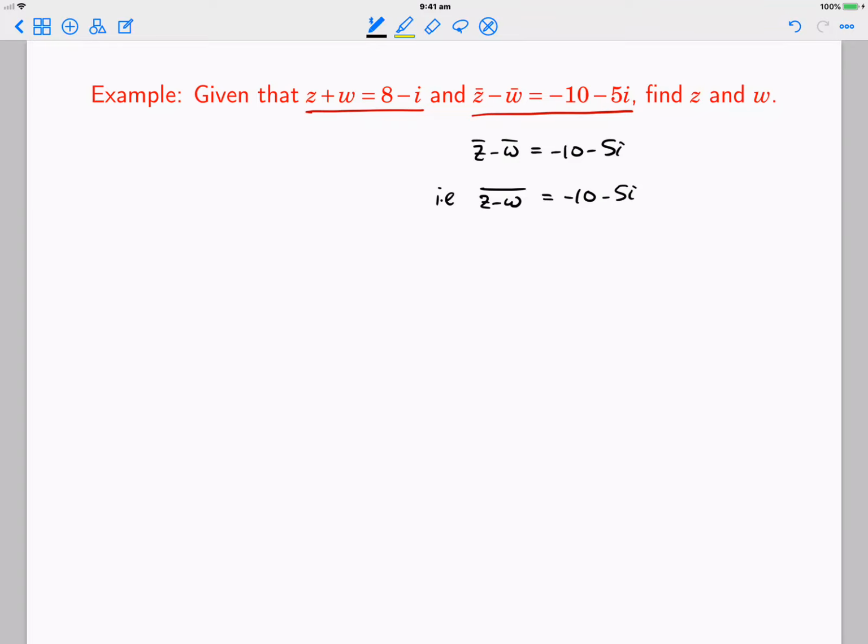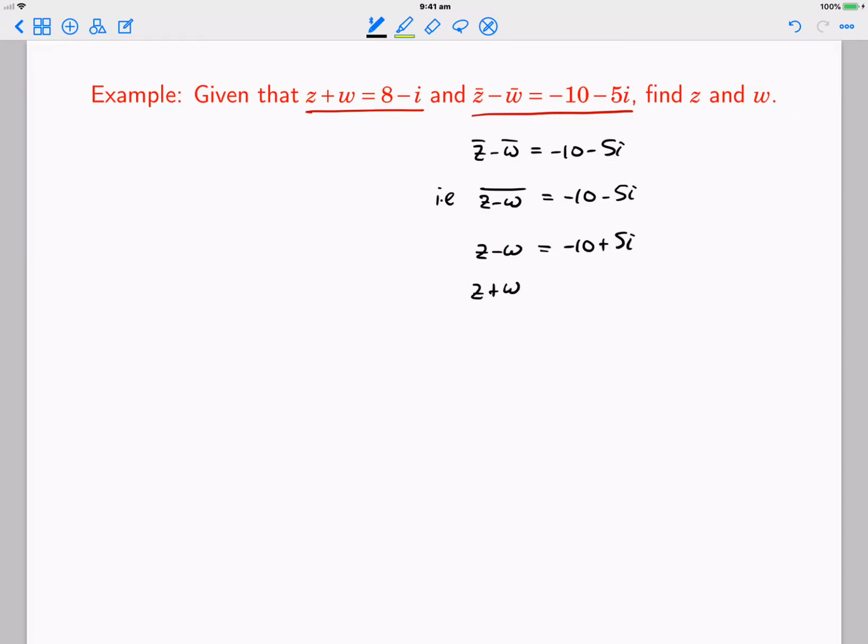So we know that this is true. Now if I take the conjugate of both sides, on the left that would give me a double conjugate, which remember cancels out. And the conjugate of the right would be minus 10 plus 5i. So what I have right now is that z minus w is minus 10 plus 5i, sorry.